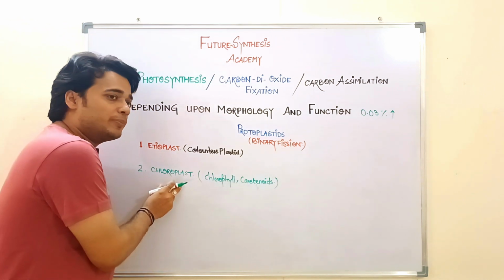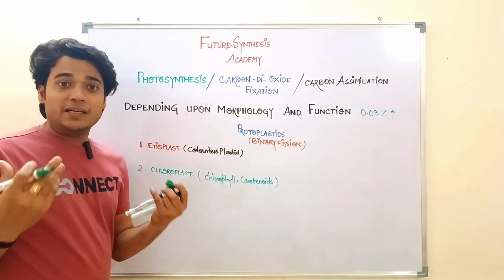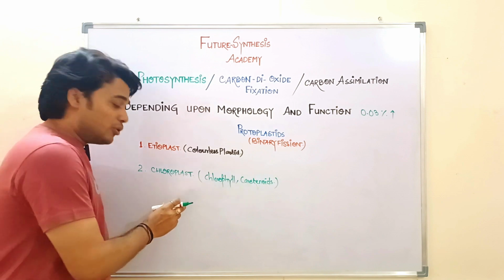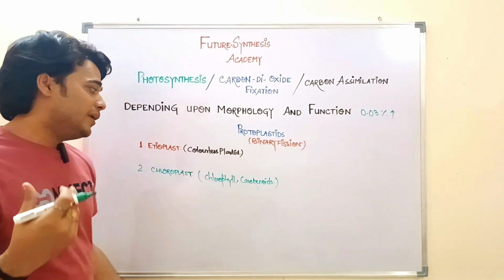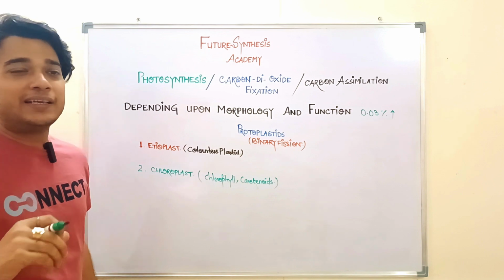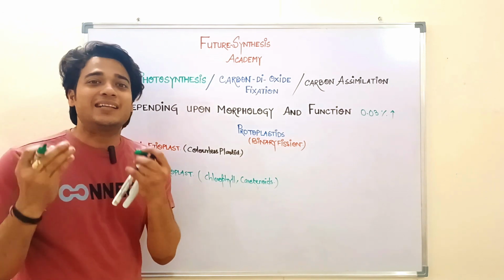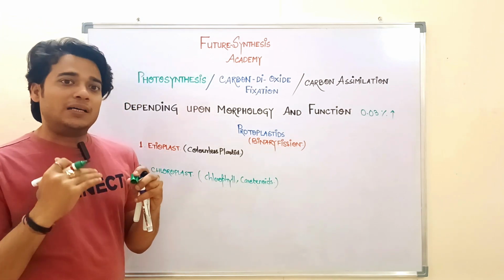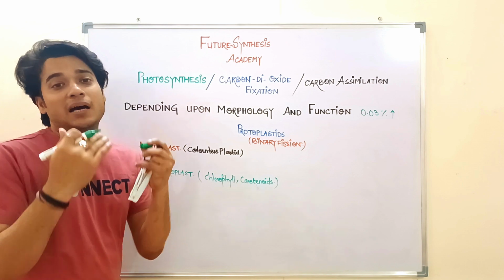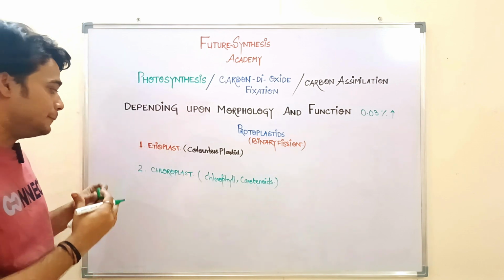It also performs amino acid synthesis. It also performs fatty acid metabolism. It is also responsible for the plant immune system. Basically, whenever a plant gets infected, it has been seen that the chloroplast is unregulated or deregulated, because the growth of the plant is actually dependent upon the amount of photosynthesis performed by the chloroplast.